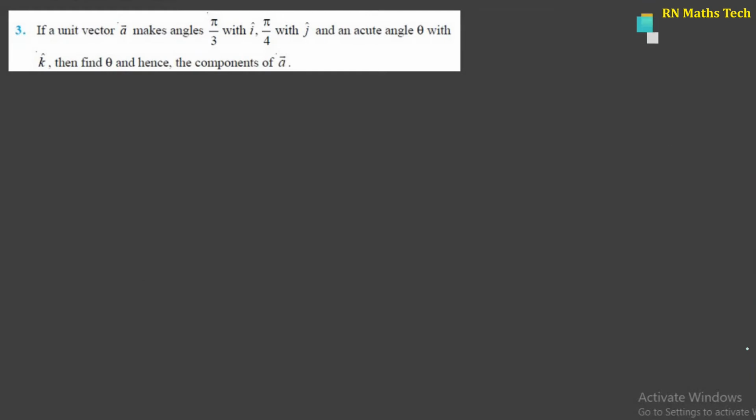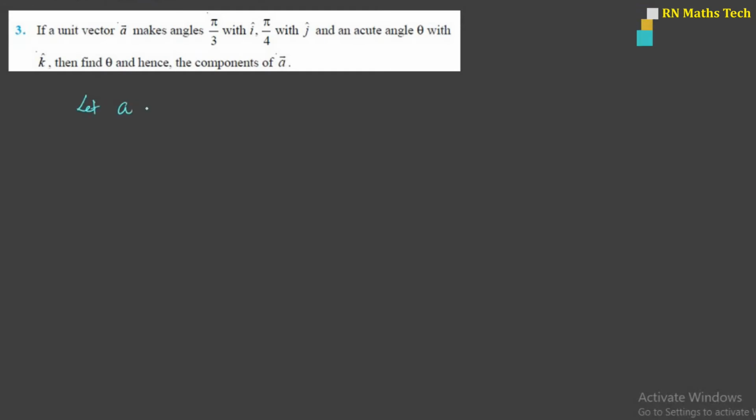If a unit vector A bar makes angle pi by 3 with i cap, pi by 4 with j cap, and an acute angle theta with k cap, then find theta and hence the components of A bar. Okay.